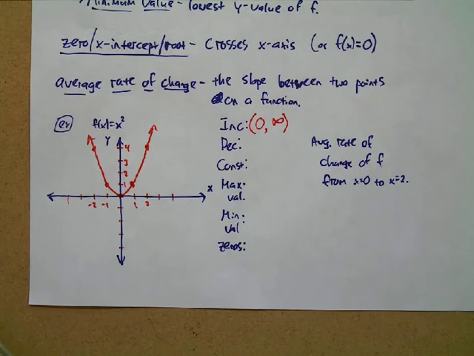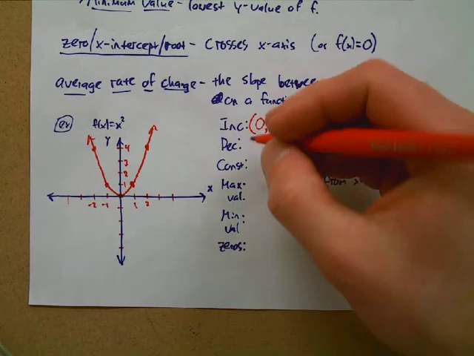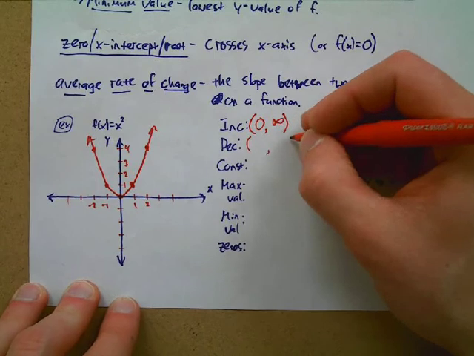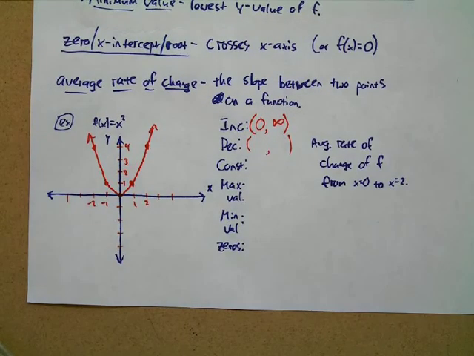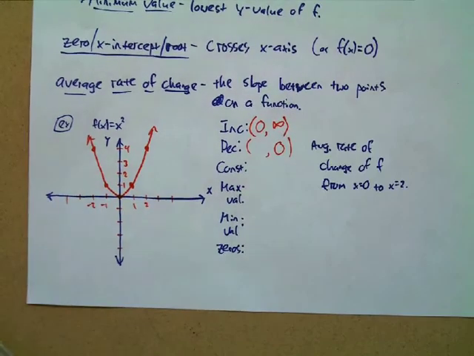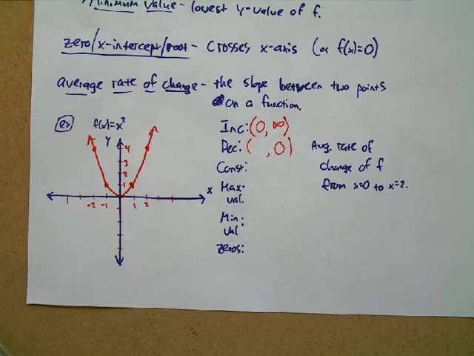All right, how about decreasing? Let me do the easier one. Where do we stop decreasing? At what x value here do we stop decreasing? 0. At 0, right? So that's going to be the right part of our decreasing interval there, because we stop, so 0 is the right endpoint.